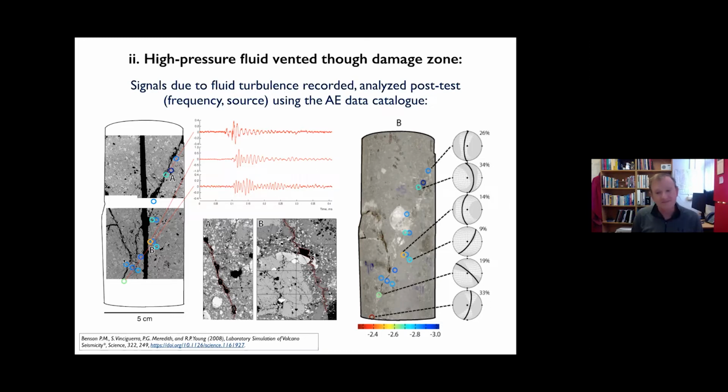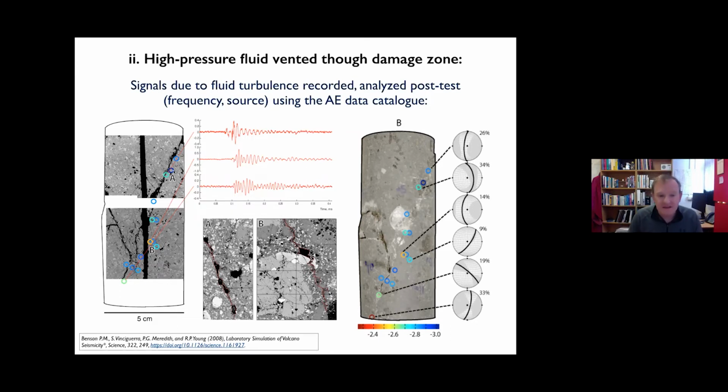Locating these low frequency events, so much lower frequency this time, is not as straightforward. The onset is not as clearly defined, it's more emergent, and there's not so much data, simply less data.